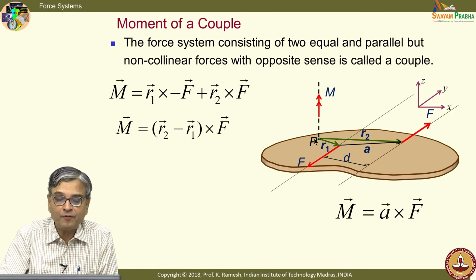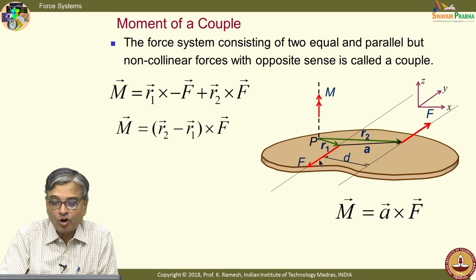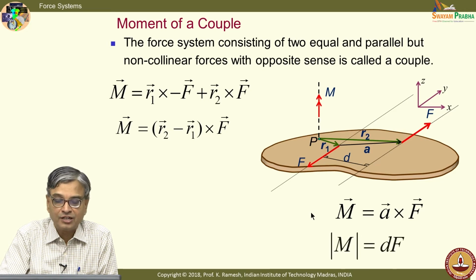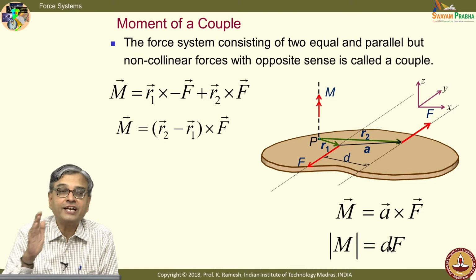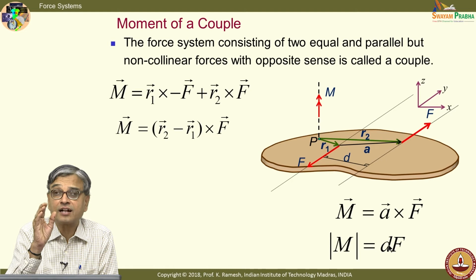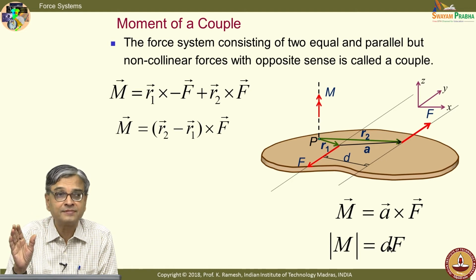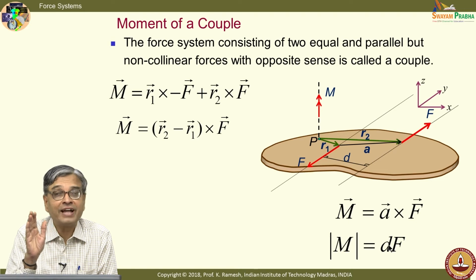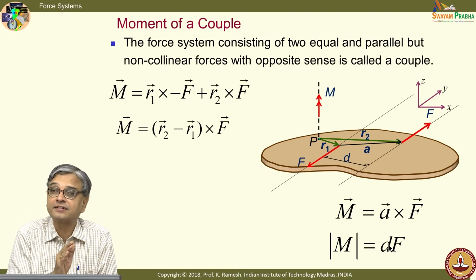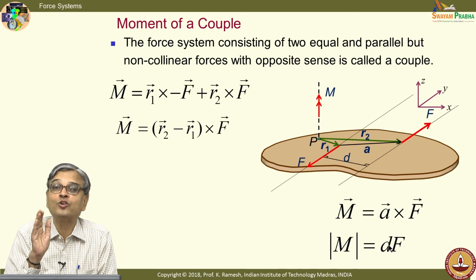No matter where I shift the point of interest, it will always be d into F. I will always have the magnitude as d into F. So, the rotatory effect of this couple force system is independent of the point of interest. Wherever I move the point of interest, the value is going to remain same.